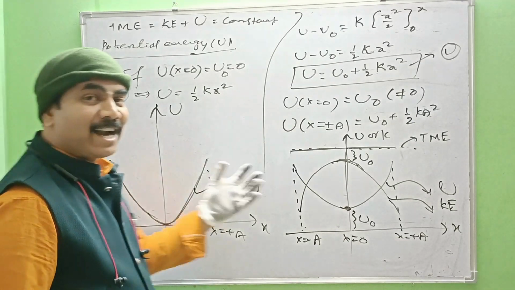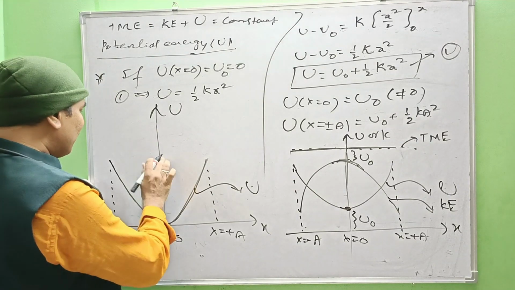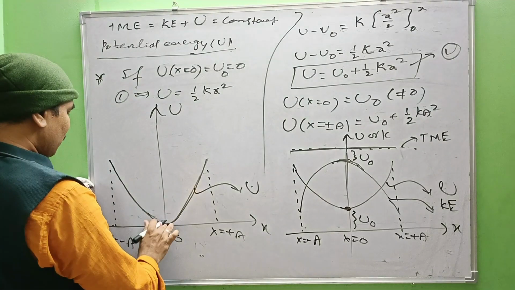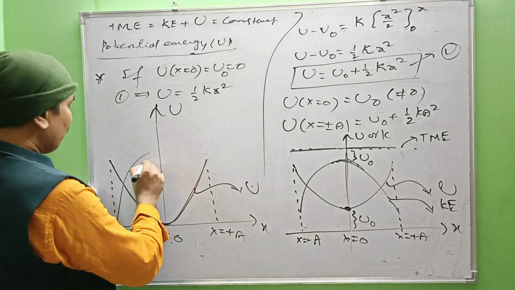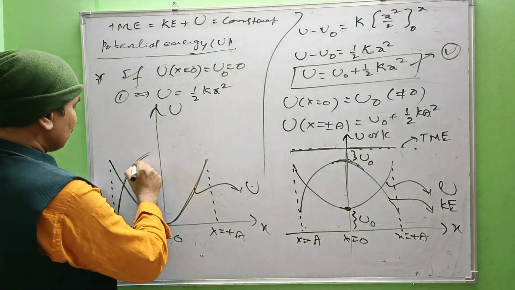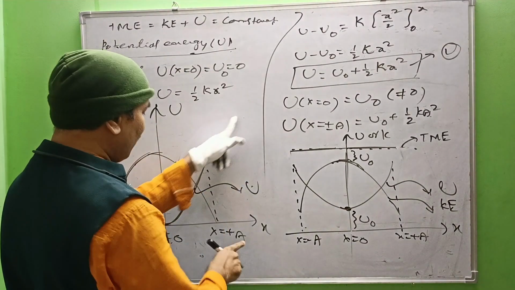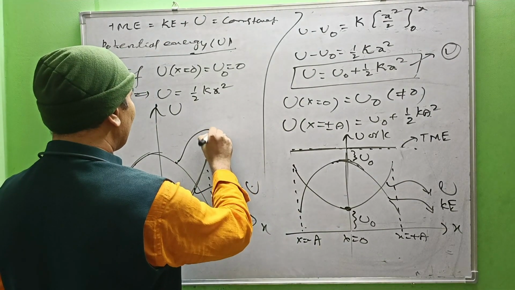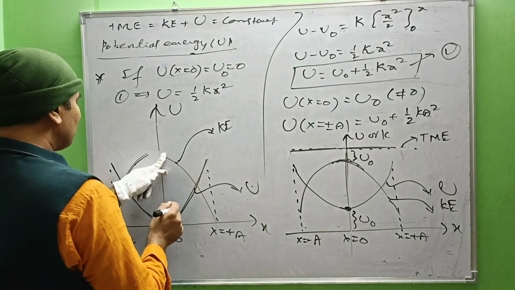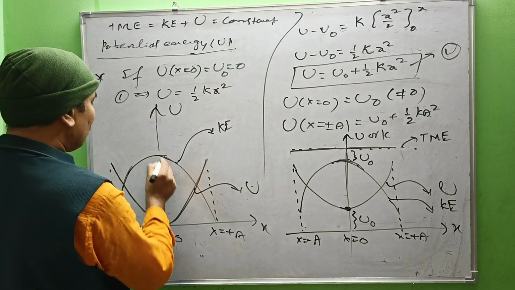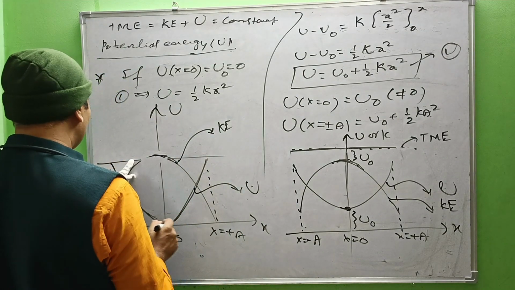If I take the variation of kinetic energy in this case on the same graph, kinetic energy becomes maximum at mean position and minimum, that is 0, at extreme positions, like this. Now what is the total energy? The total energy remains constant at any position, like this.